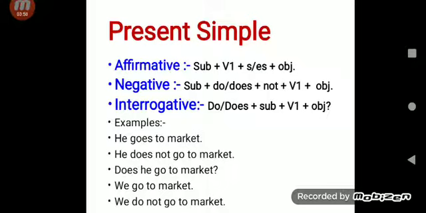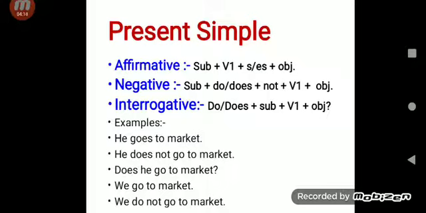So these three structures you have to learn so that you can make your own sentences of present simple tense. Let's see some examples.